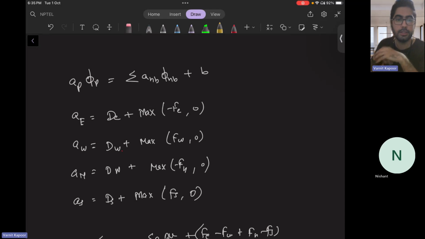So because of this, the upwind differencing scheme can be used as an initial solution, but it is diffusive in nature. So we will look for higher order upwind differencing schemes, which are better in terms of not having such high diffusion as in the UDS. We'll look at these in the later part of the course. So as of now, we have learned two schemes, central differencing and upwind.